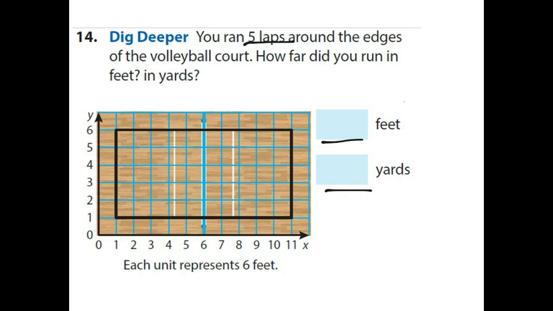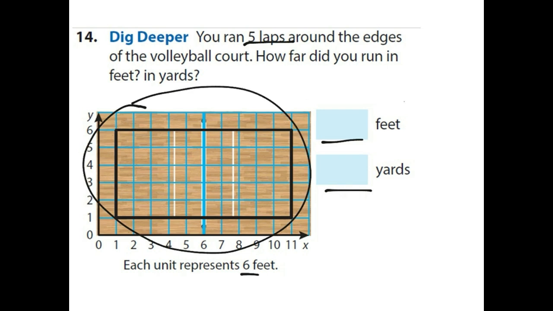Alright, so 5 laps around, and you went around the volleyball court, right? Each unit represents 6 feet. Oh, did you get that? So we get 6 minus 1. We got 5. So this side's going to be 5, or 30. So this side is 30. This side is 30.